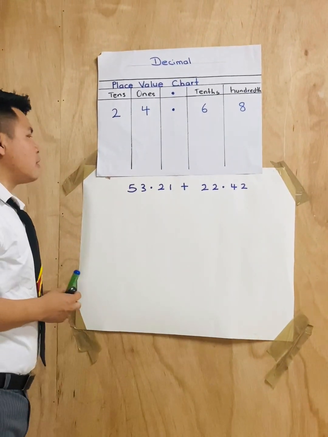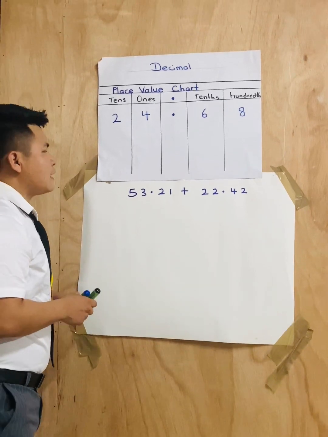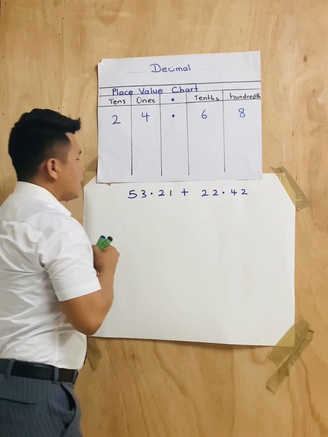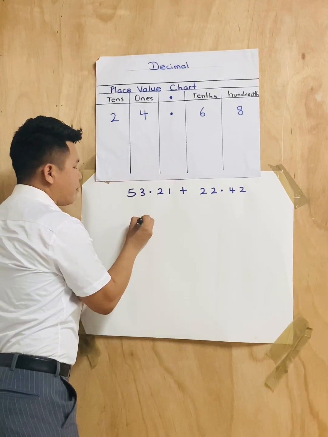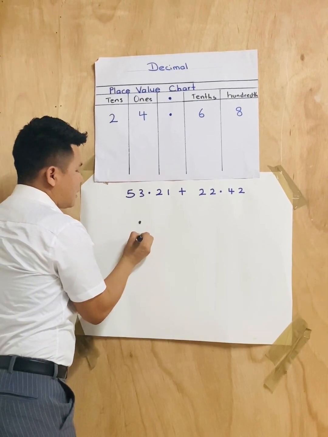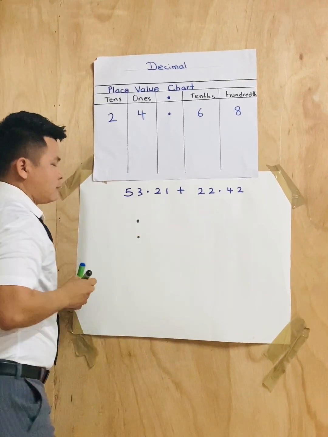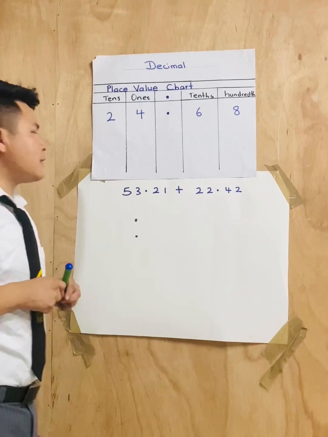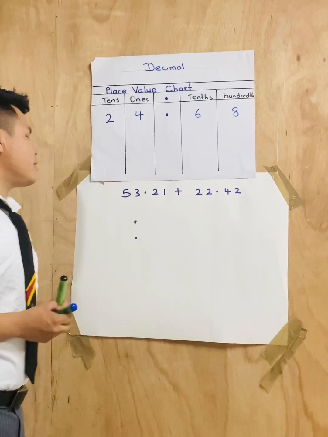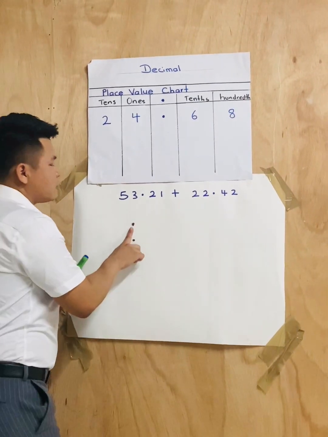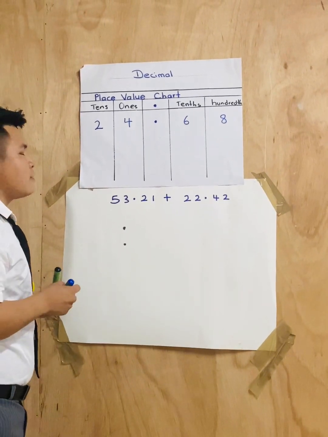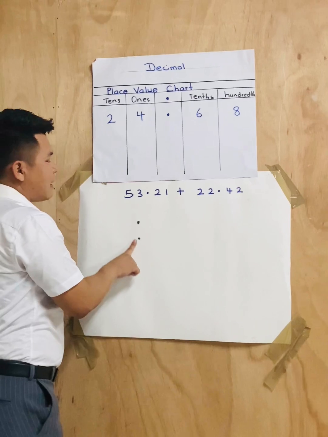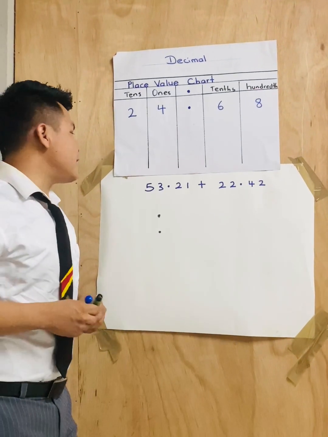Let us set down. Now the rules for this is that first thing first, you line up your decimal points. So we line it up, one point there, another point here. That's just in case you forget to put in your decimal there. And if you forget to do this, your answer would be wrong, because even if you add correctly and you don't have your decimal point, you're going to get it wrong.